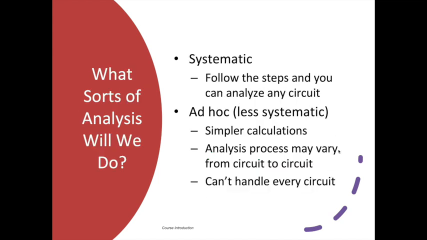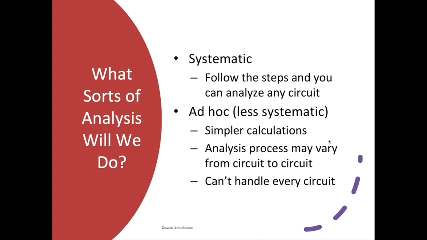Now, there's going to be 2 sorts of classes of analysis that we'll be doing in this course. First, I'll call systematic, and the other is ad hoc, less systematic. The systematic methods, you follow the steps, 1, 2, 3, you're going to be able to analyze any circuit that gets thrown at you. Now, the ad hoc methods, they sort of have some pluses and minuses, if you will.